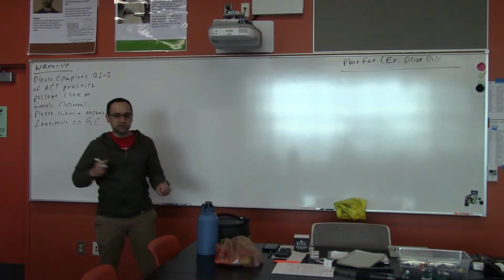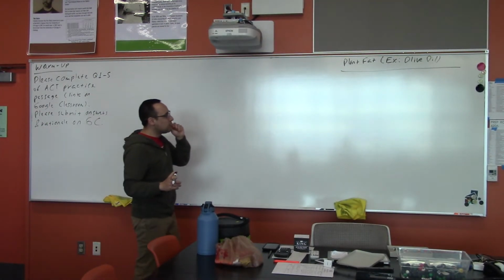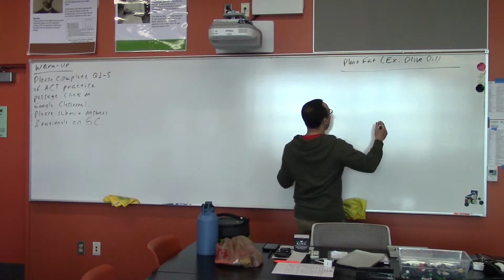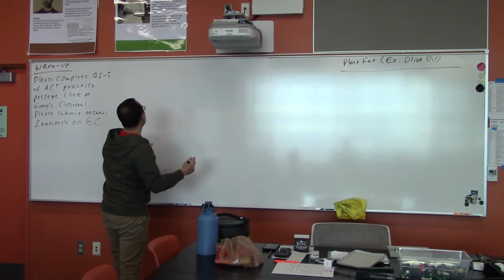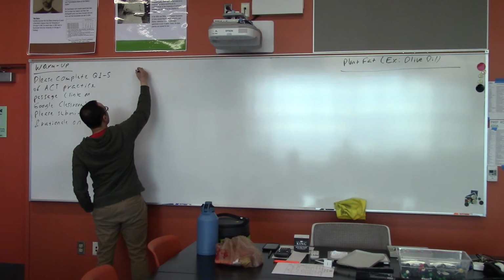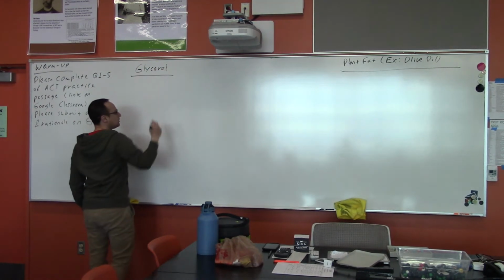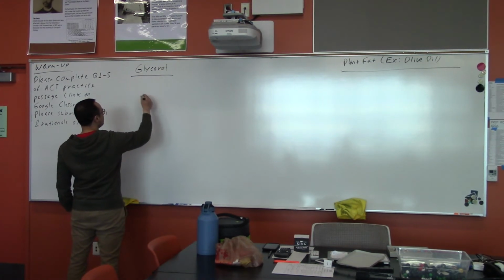So there are two kinds of molecules we have to understand if we want to understand what a fat is. These fats are called triglycerides. Let's start with glycerol. Glycerol looks like this, and I'll draw it in a few different ways.